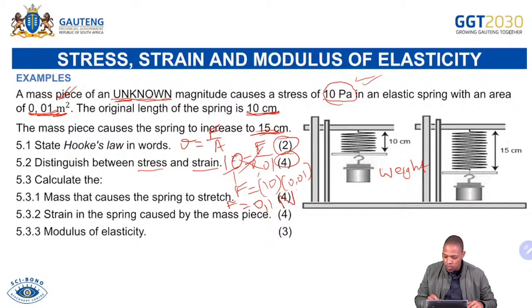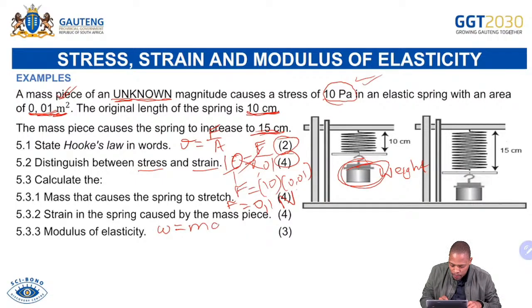So the force, which is the weight of this mass piece, is 0.1 newtons. Right? Now that I have the force, I now need the mass. And how can I relate the force to the mass? This force is the weight. So I can always say W is equal to mg. What is my force? It's 0.1. The mass I don't know.